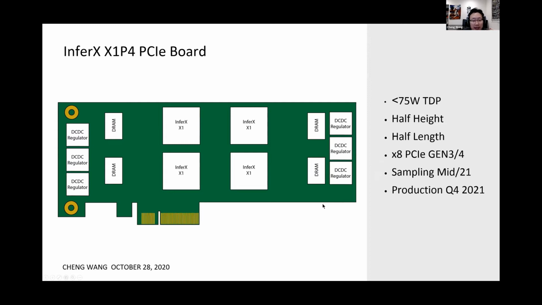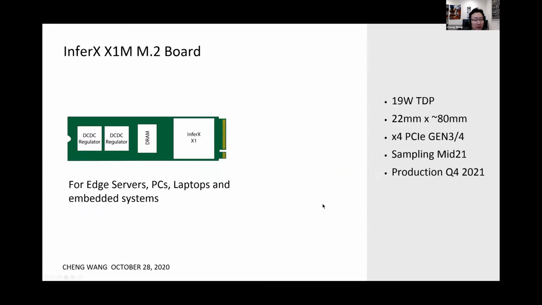At the same time, we're also considering another very interesting form factor, which is the M.2 board. We're starting the design with the 22mm wide M.2 board with a similar schedule as the X1P4. The TDP for this is 19 watts, but obviously the actual power is much lower depending on the model. It's still a very good fit for PCs and laptops or even edge servers and embedded systems.